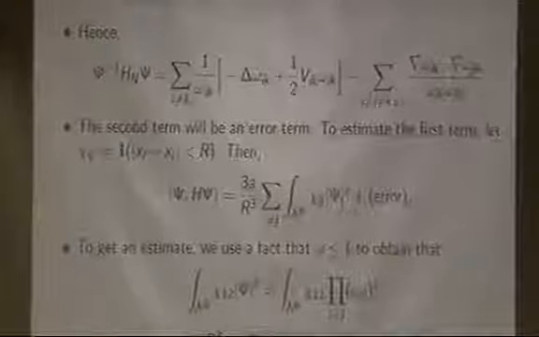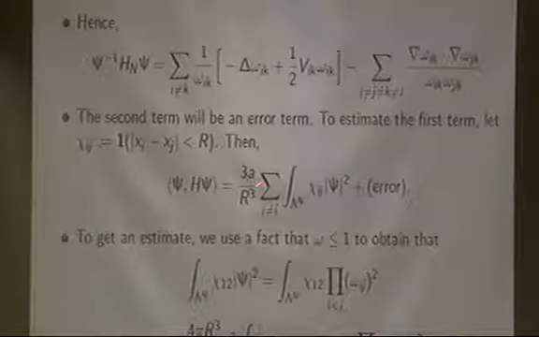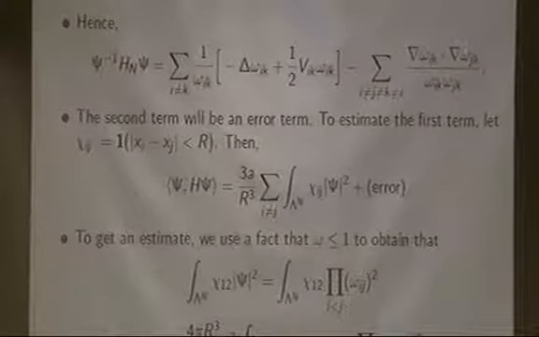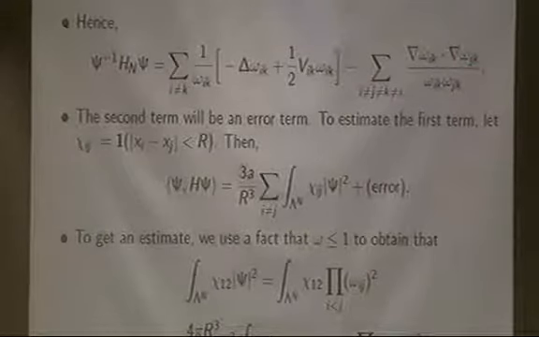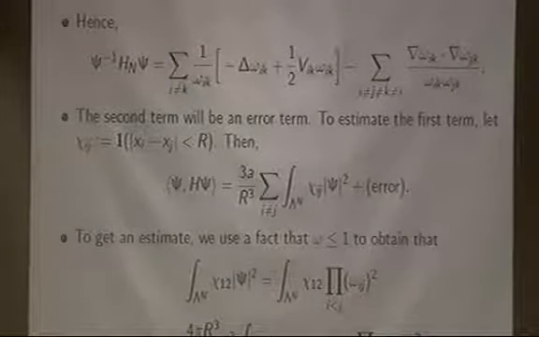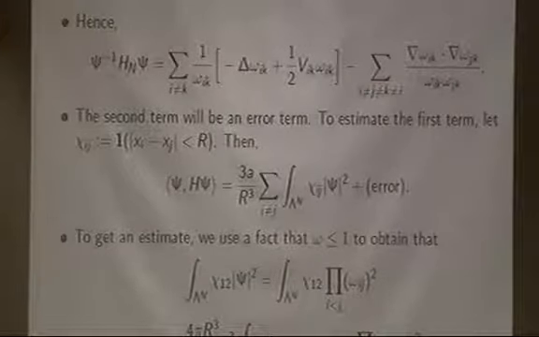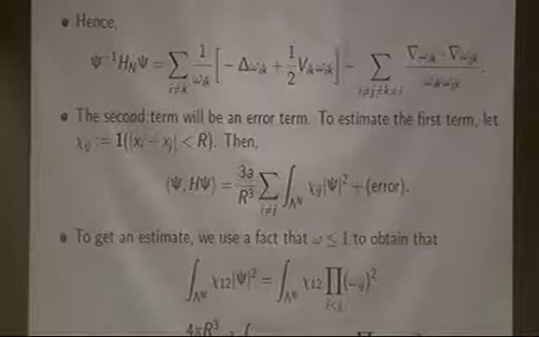The second term will be an error term, much smaller than the first term when you calculate it correctly. I'm going to skip that calculation because of the time limit, but it becomes very small, so we only focus on the first term.